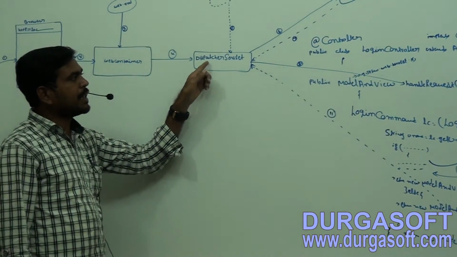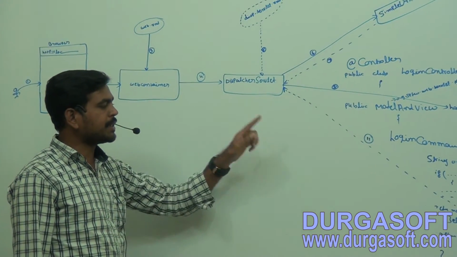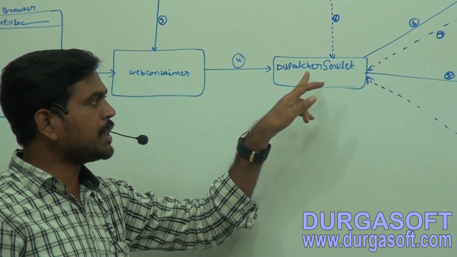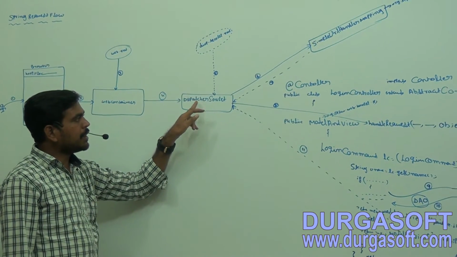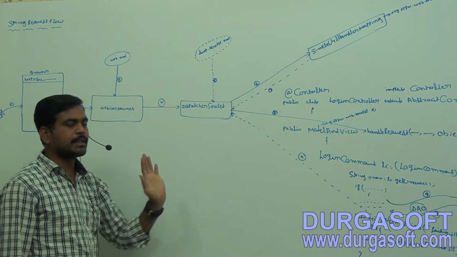Now what is that success message? Dispatcher servlet is unable to understand. If it is success.jsp, then happily it is going to produce that page. But only success is coming here. Now if we want to display that success.jsp, the dispatcher servlet doesn't know what is the success.